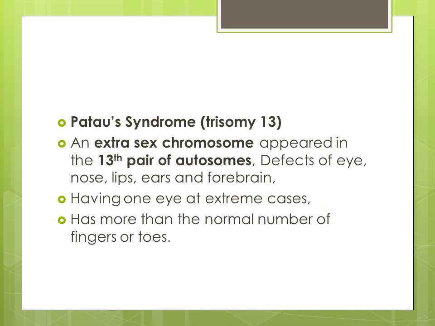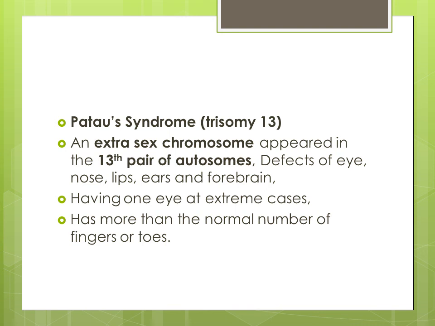Next, we have Patau syndrome, or trisomy 13. There is an extra chromosome in the 13th pair of autosomes. They have defects in the eyes, nose, lips, ears, and forebrain, with one eye in extreme cases, and more than the normal number of fingers or toes.